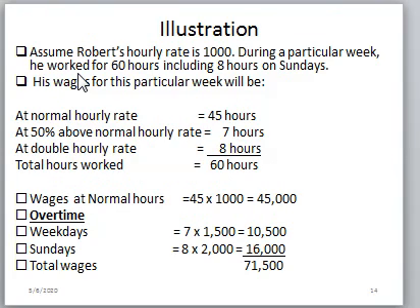So we are continuing with this. We are assuming Robert's rate is 1,000. During a particular week, he worked for 60 hours, including 8 hours on Sunday. Remember, in our previous discussion, if he works 8 hours a day, it means 8 times 5, that is 40.